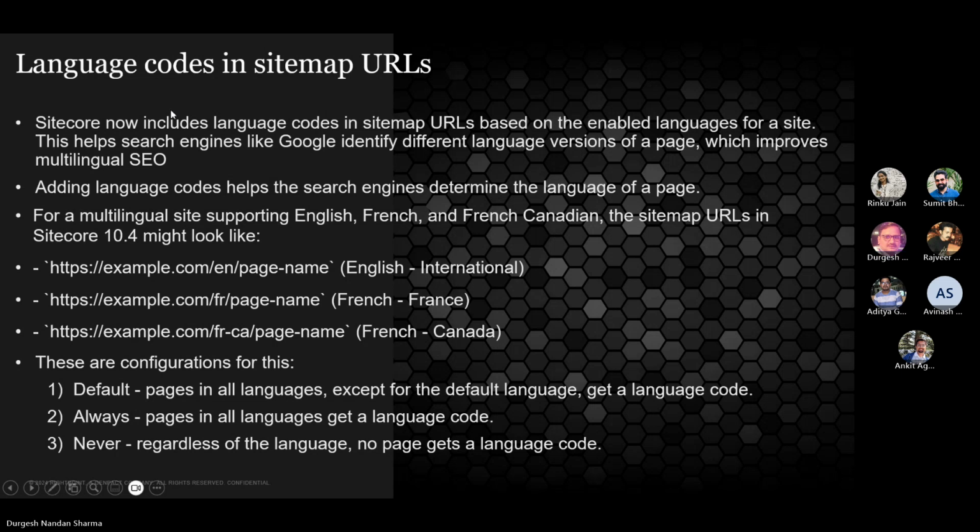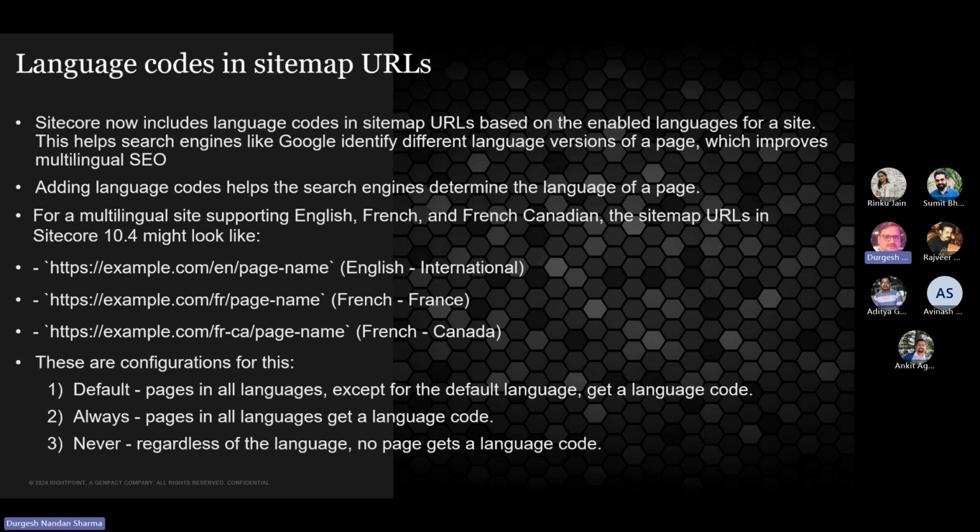Now we are going to discuss language code in the sitemap. Whenever we create a multilingual site, it is not necessary, but it is good to use the language code in the URLs, like example.com/en or fr or ca for the different languages we are using on our site.